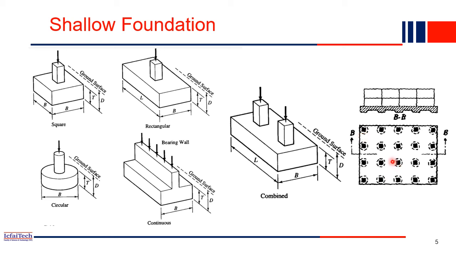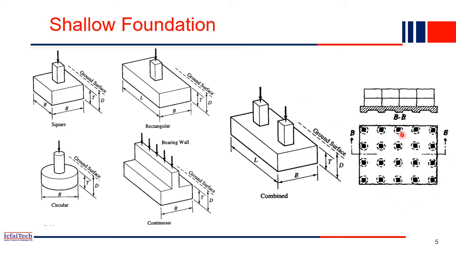So in that case, the load transmission area is very large. So although the bearing capacity of the soil may be poor, the stress will be less, because what is stress? Stress is force by area, right? If area is increasing, although force P is constant, stress will decrease, right?